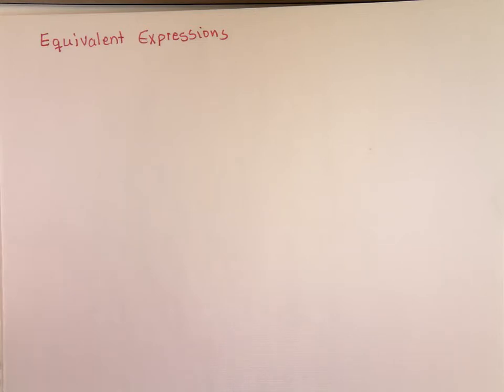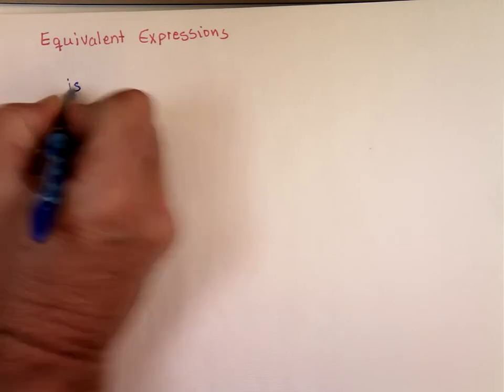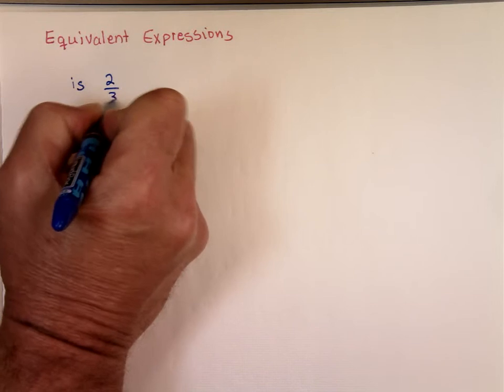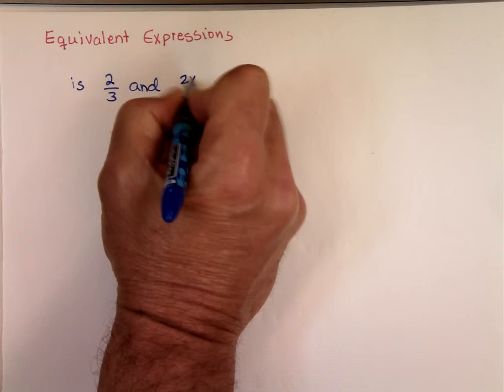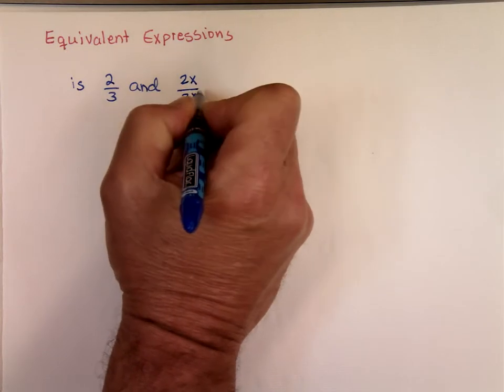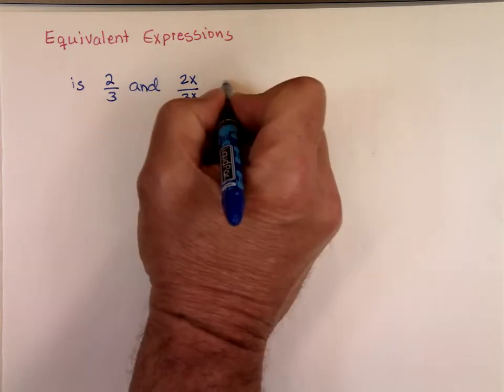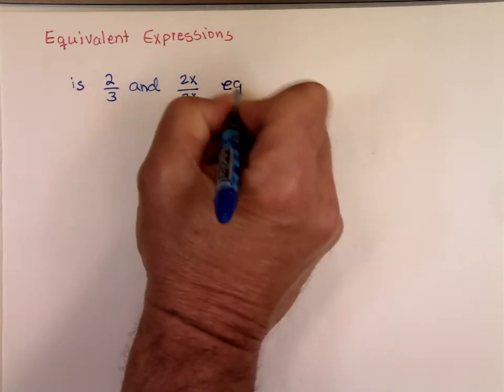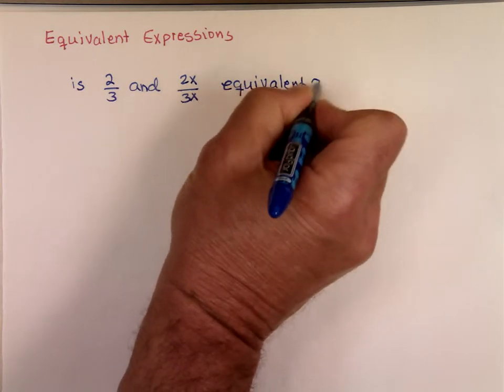Now, let me ask a question. Let me give you two expressions and tell me if they are equal or not. Is 2 over 3 and 2x over 3x equivalent? Are these two equivalent?